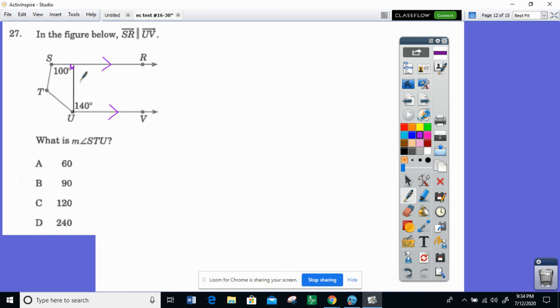So how does that help us? Well, we know if we have a right angle here at the top, we also have a right angle here. And so we can do 140 degrees minus 90 degrees tells us that we've got 50 degrees left over for this angle here.